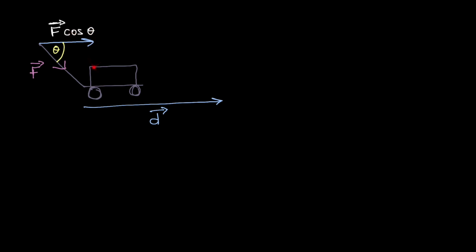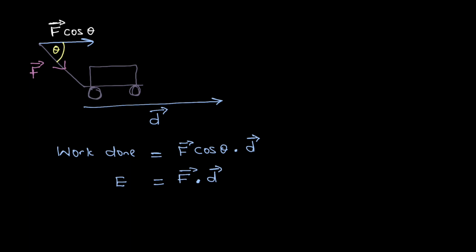If it's for the vertical, it will be F sine theta, but we're looking for the horizontal. And to calculate work done will be equal to F cos theta, that's the force pushing that object, dot d vector, and therefore d can be brought to the front, the energy equals F dot d cos theta.